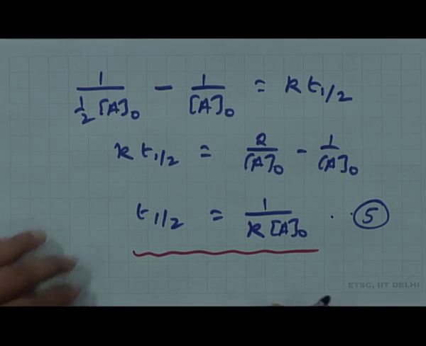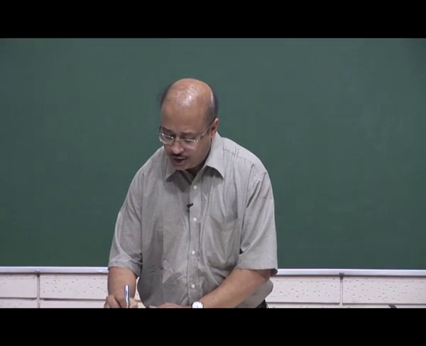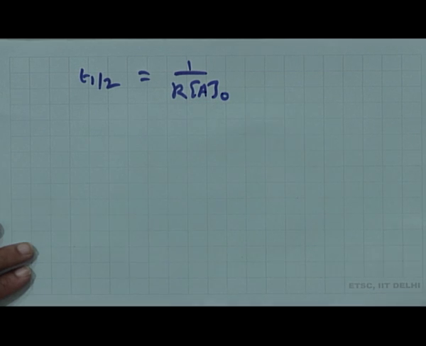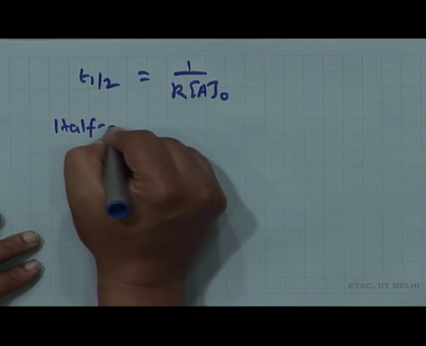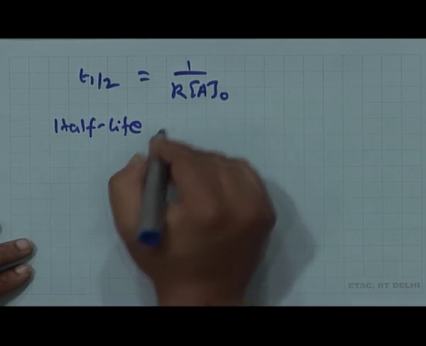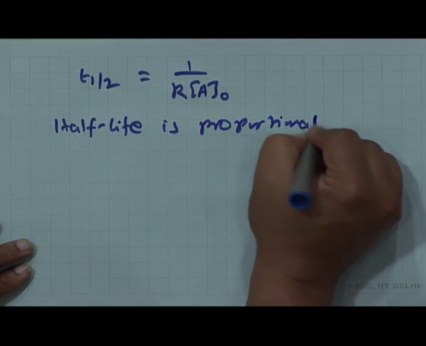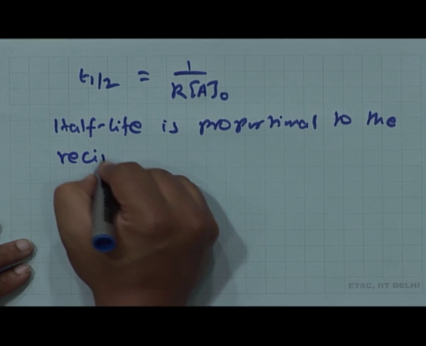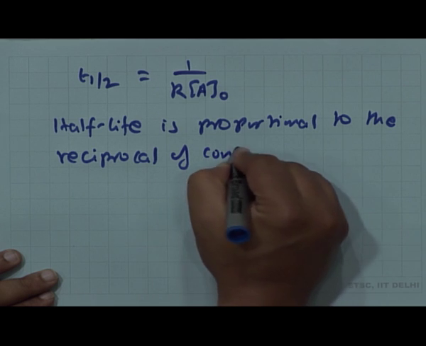So, what does this mean? What it means is, based on T half is equal to 1 by K A naught, this expression we just derived, we say that half life is proportional to the reciprocal of concentration.